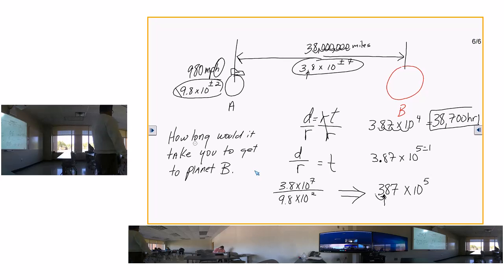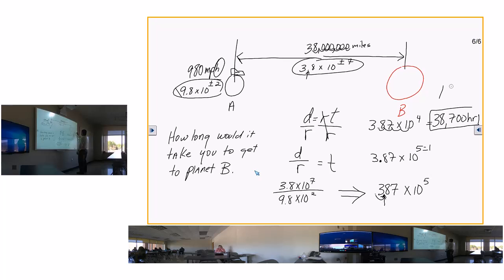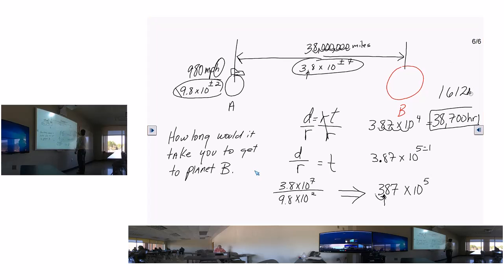So somebody take that number divided by 24. How many days is that? 1,612. Is that what everybody got? Yeah. And divide that by how many? 365. Divide that by 365. 4 years. 4.5 years.